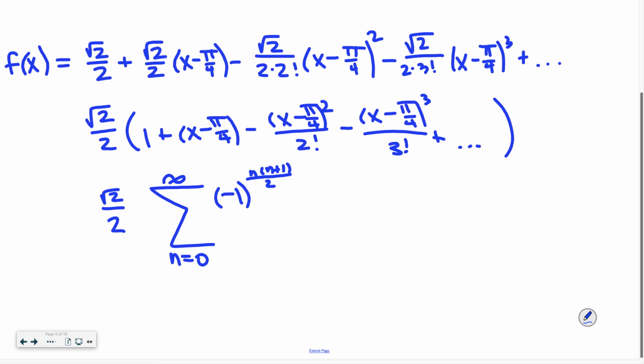Tell me the pattern. When you plug in 0, you would get positive.